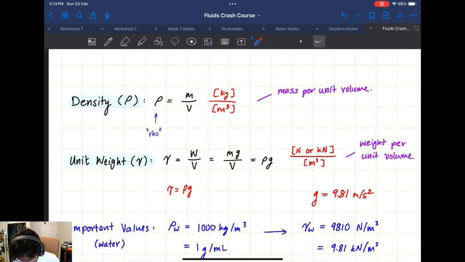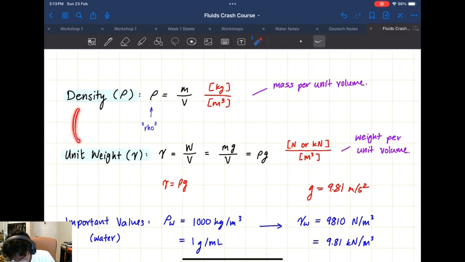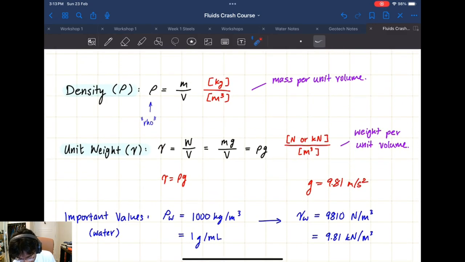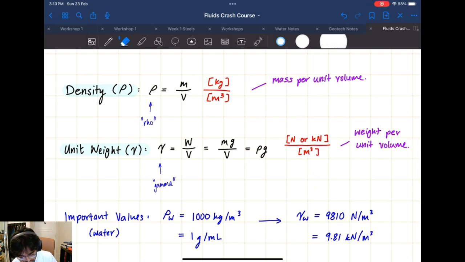Now, an extension of density is something that we call unit weight. We call this symbol gamma, the unit weight. The unit weight is the weight per unit volume, so weight divided by volume.